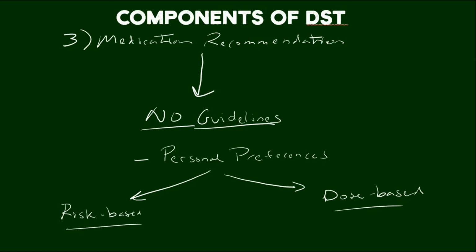A dose-based recommendation would be, your patient's a poor metabolizer for this given drug, therefore you should use 50% of the normal dose, 25% of the normal dose. Something of that nature is generally seen in a dose-based recommendation. So something to consider is how you like those recommendations to come to you, and if they're supported by peer-reviewed literature. That's going to really be the third component of a DST.